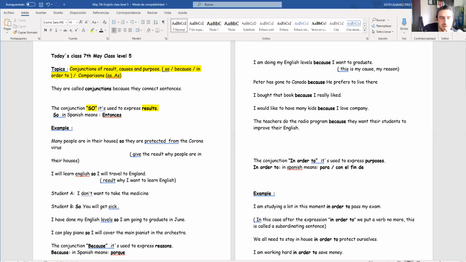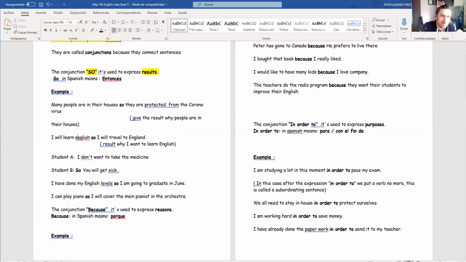Entonces, aquí una oración, mucha gente, es la causa, digámoslo así, and the consequence, o el resultado, es que se están protegiendo. That's why, ¿no? Por eso es que. Entonces, so represents the result of the previous action. What is the action? Están en sus casas. So, what is the result? Se están protegiendo. Okay?